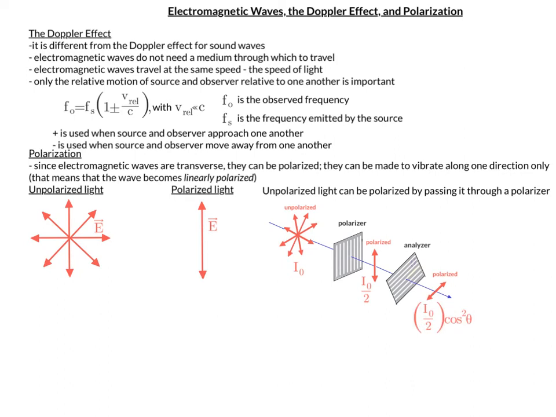So this is what happens. Remember that the intensity is a function of the electric field squared, and we would have to basically project this electric field onto this axis of the analyzer and end up with polarized light on this side of the polarizer that has intensity, the previous intensity times cosine squared theta. What happened with the rest? Well, it got absorbed by the analyzer.